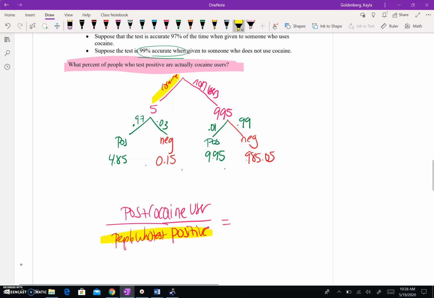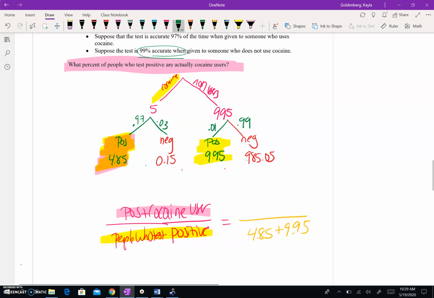So here are people who test positive, and here are people who test positive. Now notice they are not all people who actually use cocaine. So our total people who test positive are 4.85 plus 9.95. And then we want people who are positive and cocaine users, right? So this is positive and cocaine users over here following the branch.